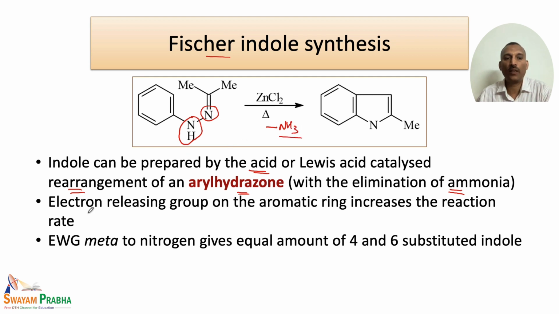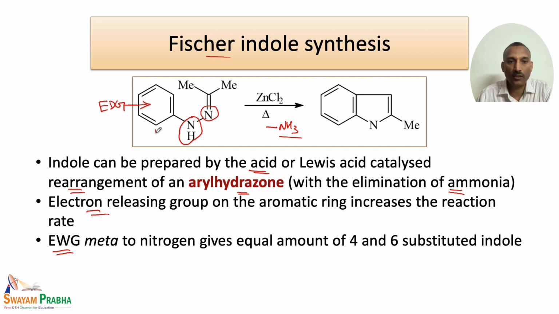And here, whenever we have electron releasing groups, that means anything which is giving electrons towards this ring, it facilitates or increases the reaction rate. So any electron donating group present in this particular ring increases the rate of the reaction. And when an electron withdrawing group is meta to the nitrogen, for example this is the starting aryl hydrazone, when we say it is meta, then we actually go from this side.